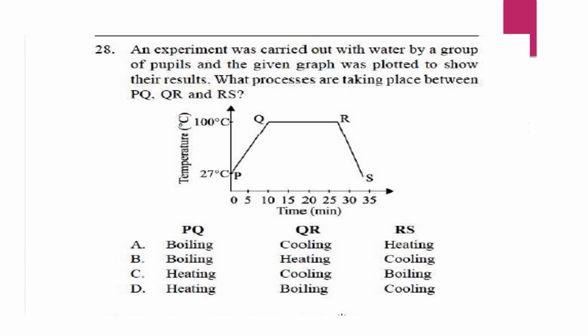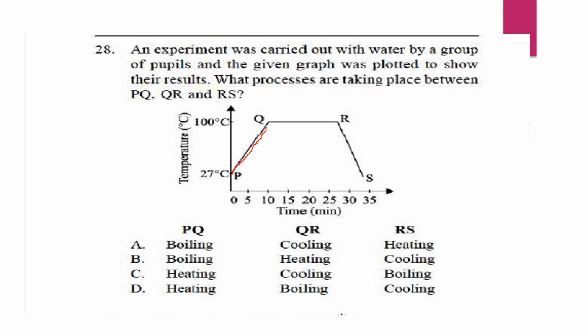Question number 28. An experiment was carried out with water by a group of people and the given graph was plotted to show their results. What processes are taking place between PQ, QR and RS? Here from P to Q the temperature is increasing to 100 degrees centigrade, so this process is heating.